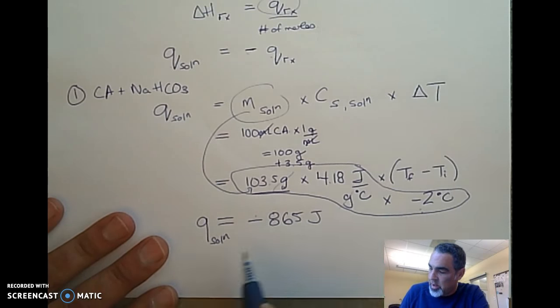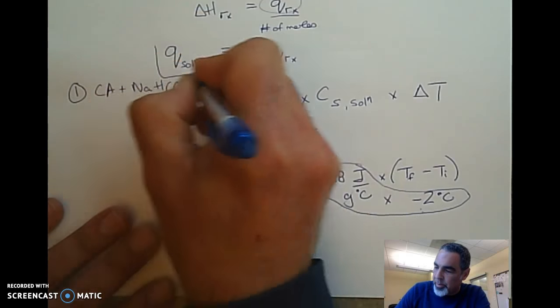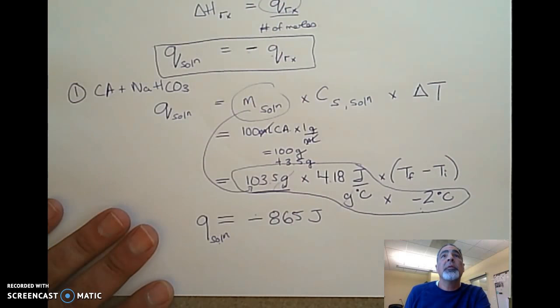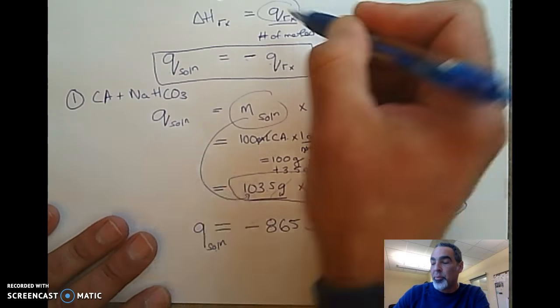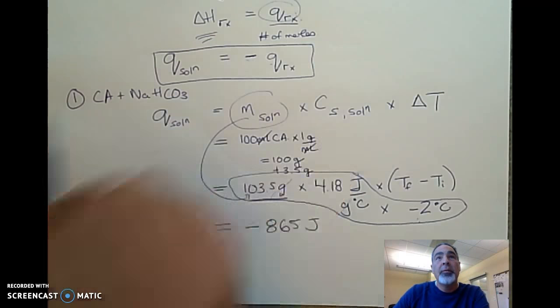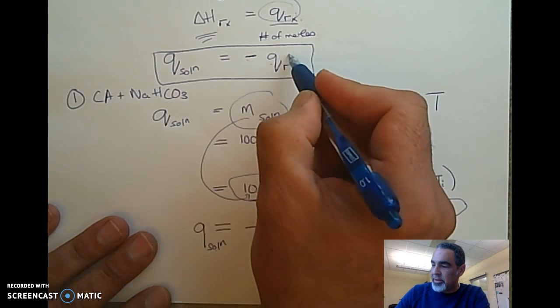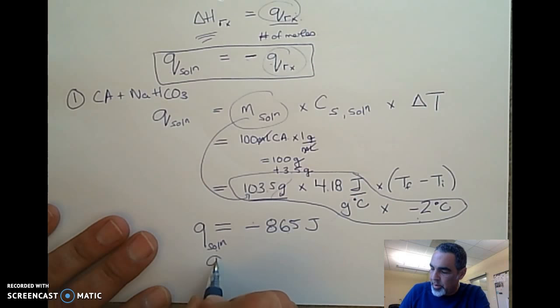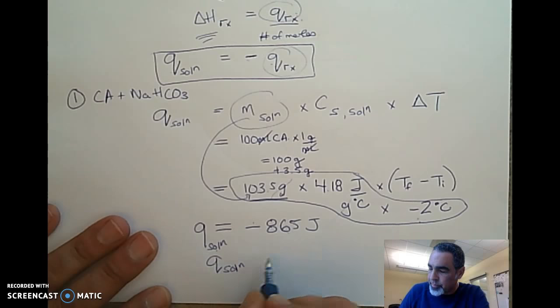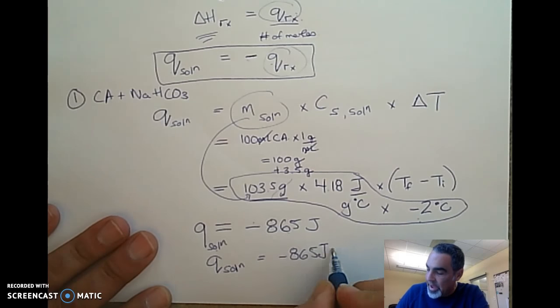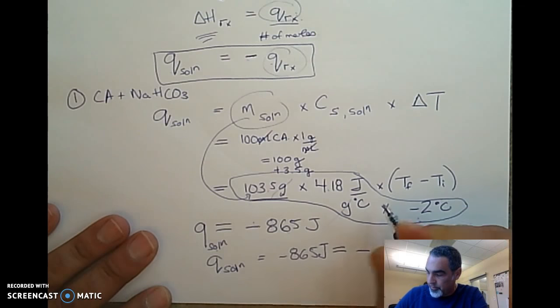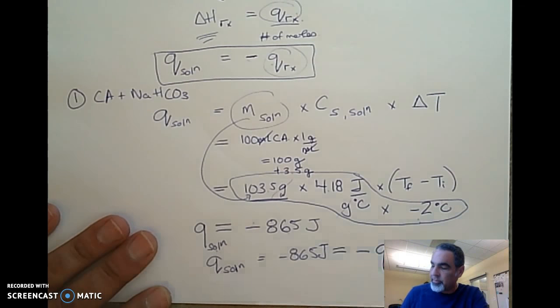All right, so my heat of solution is negative, but here's what I have to remember. Go back up to this. I really want my Q of my reaction, so I can divide that by the number of moles and get my final answer. But in order to do that, I need this Q reaction. Remember, Q solution, which is negative 865 joules, actually equals the negative of Q reaction. What does that mean?